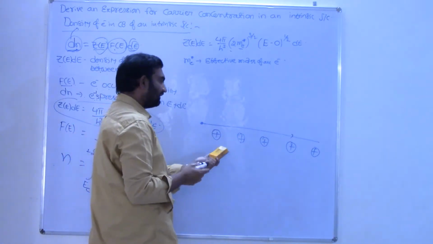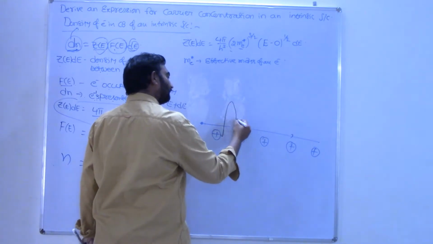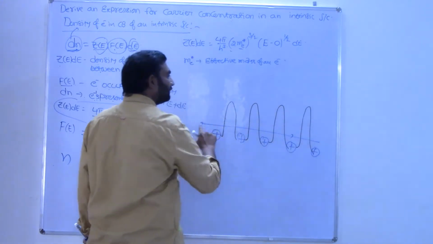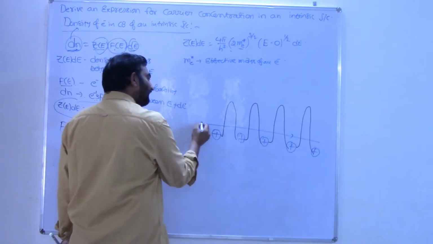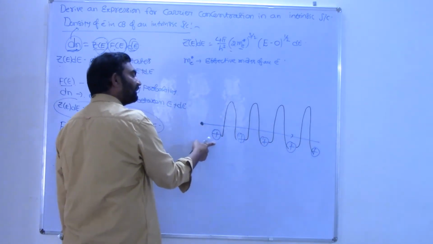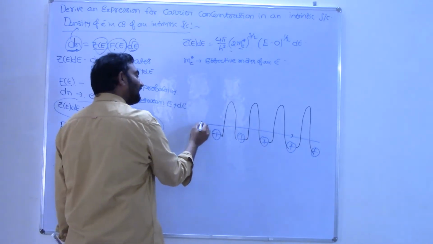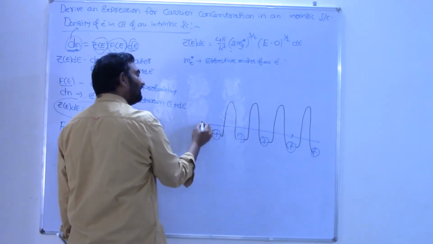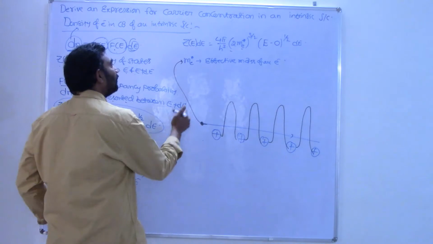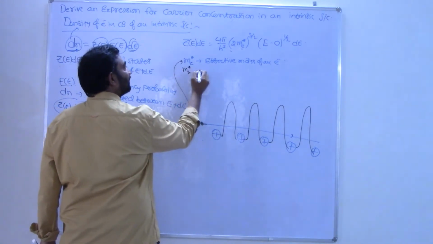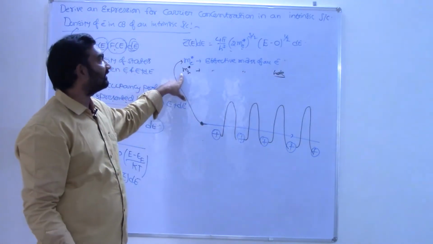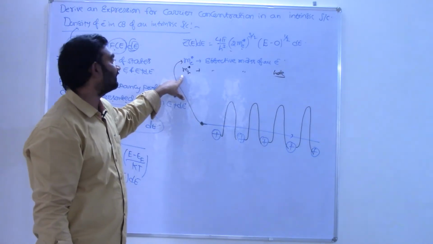These positive ions create potentials, called periodic potentials. Whenever an electron is passing through these periodic potentials created by the positive ions, the mass of the electron changes, and the mass in that situation is called the effective mass of an electron. For a hole, we can represent it as mh star, the effective mass of a hole. We will use this mh star when we are calculating the density of holes, right?